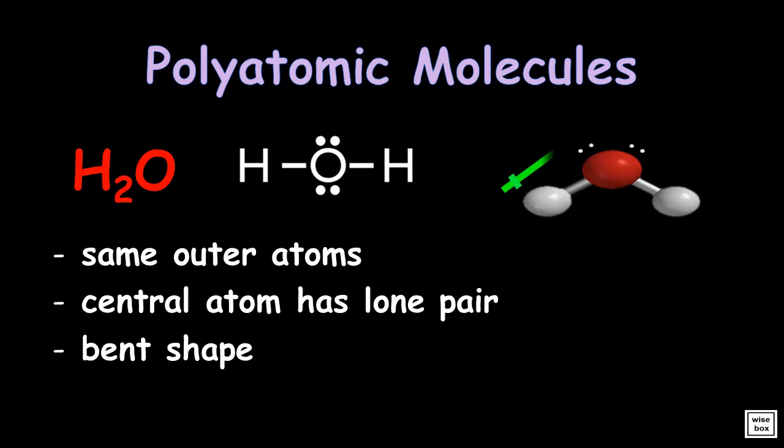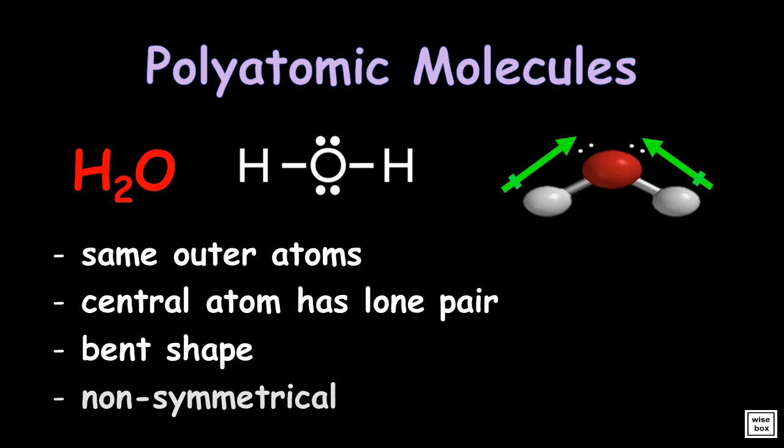Based on the bond polarity, the dipole moments are towards oxygen. They are non-symmetrical. Thus, the dipole moments do not cancel each other out. In this case, the overall dipole moment is toward oxygen. Therefore, the water molecule, or H2O, is polar.